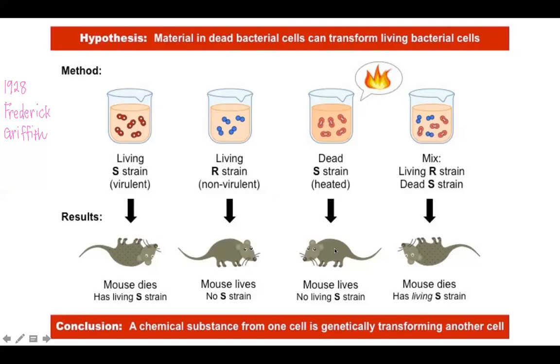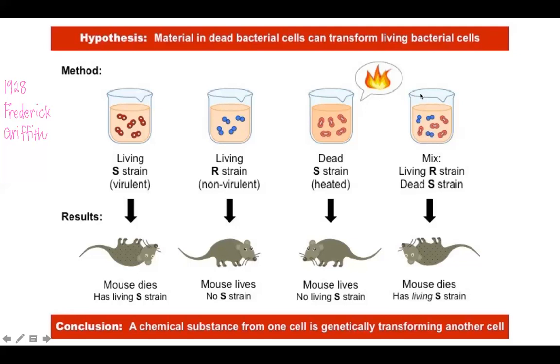For the third culture, the heat-treated S strain, he observed that the mouse remained alive. So it means that because of the heat treatment, all of your S strain bacteria are dead. So they cannot cause death in the mouse.